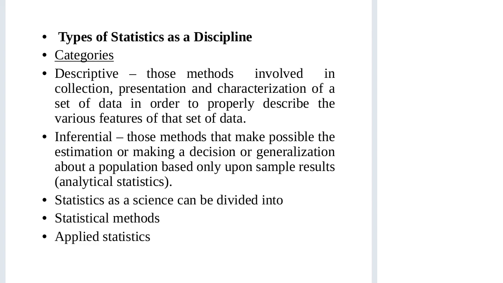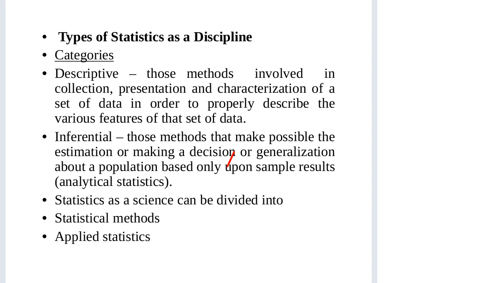Now we can look at the other part of the introduction to statistics, and we need to look at types of statistics as a discipline. We basically have two types of statistics as a discipline.